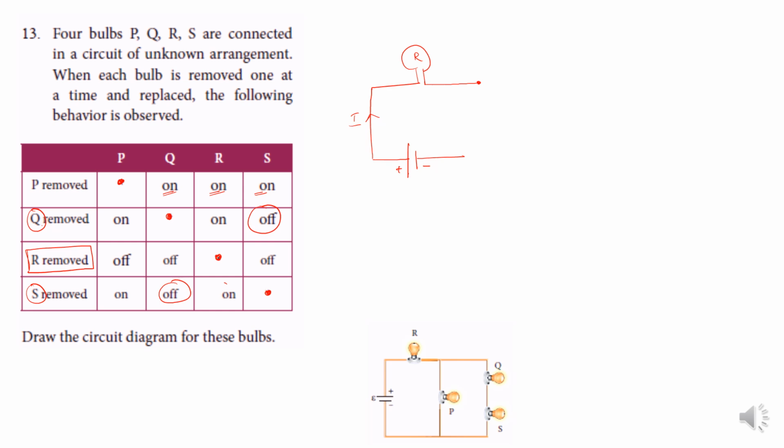So you again check, when Q is removed, S is off. When S is removed, Q is off. That means Q and S are in series. Okay. So beyond this, what I'm going to do is, this is my Q and this is my S.